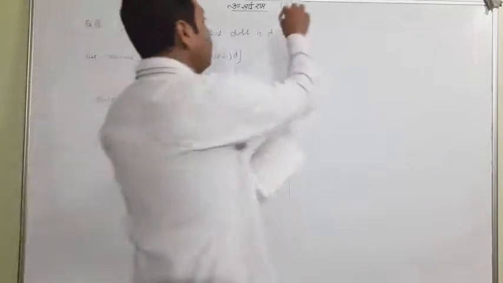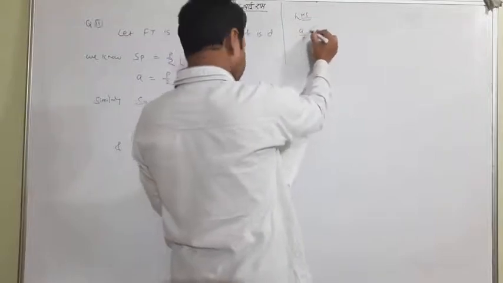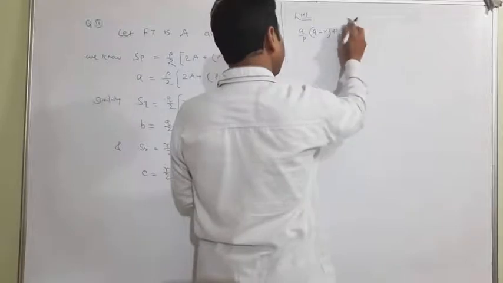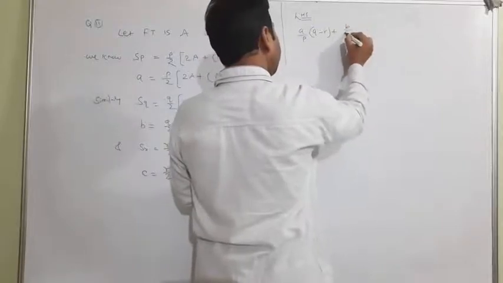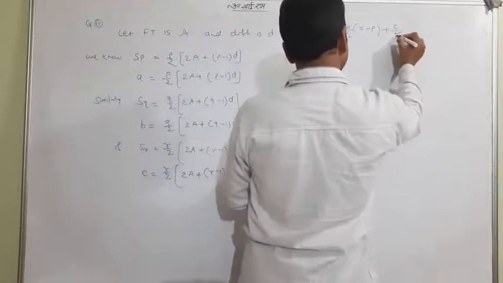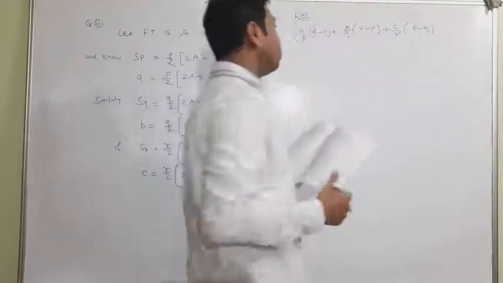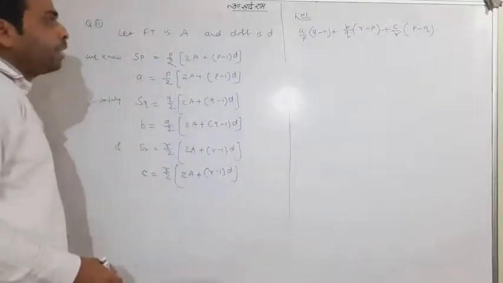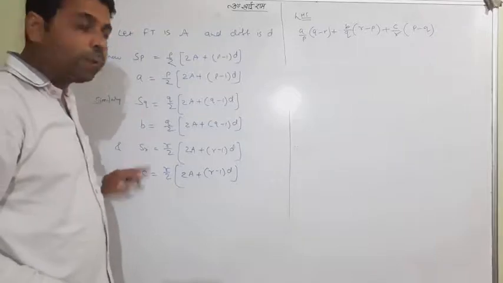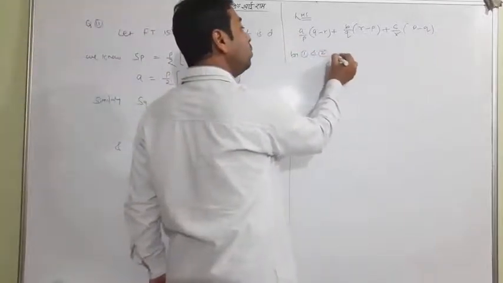Now what will we do? We have to prove it, so I'll take the left hand side: a by p into q minus r, plus b by q into r minus p, plus c by r into p minus q. I need this to be 0. We have taken the left hand side, and I'll put the values of small a, small b and small c from equations 1, 2 and 3.